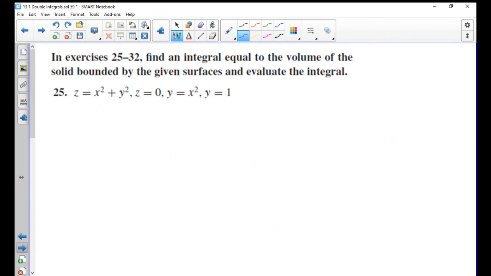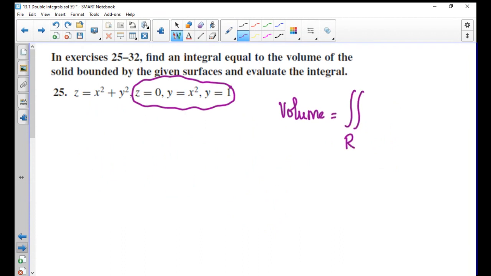So we need to basically get the volume. By the way, the volume is the double integral over the region R. Length, width by the height. But in general, if you have a function, let me explain a little bit what's going on here.